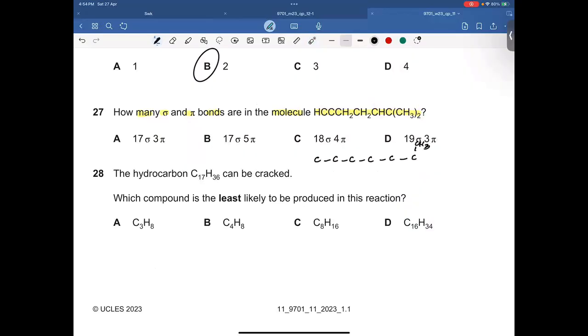This is CH3, guys. Or let me write the displayed structure. This is CH3. And this is CH3. Okay. This is H. So I'm done with this.